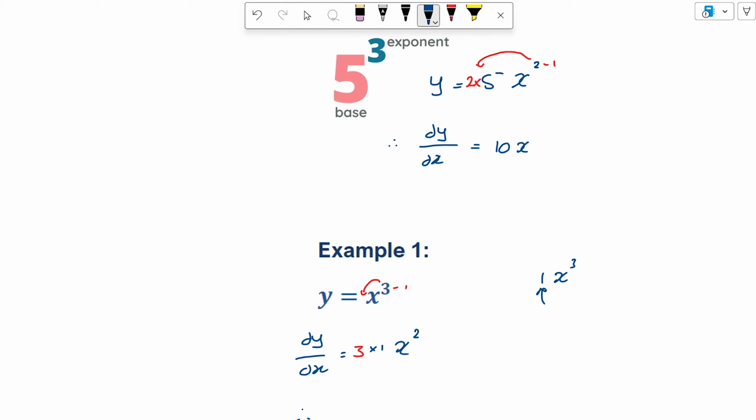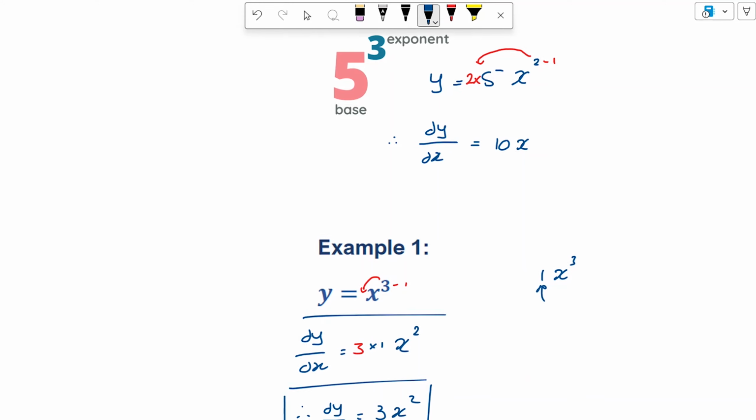Therefore, dy over dx is equal to 3x squared. That is your differentiation of that.